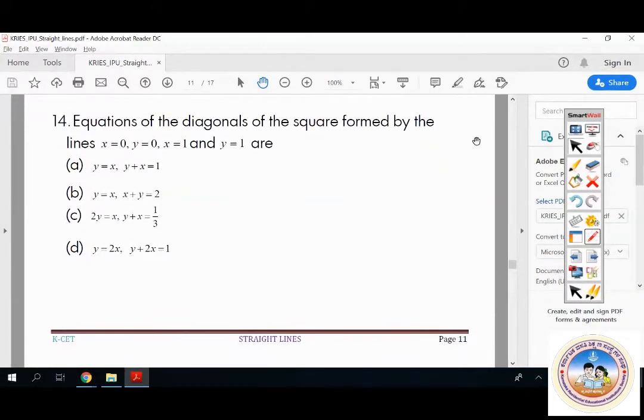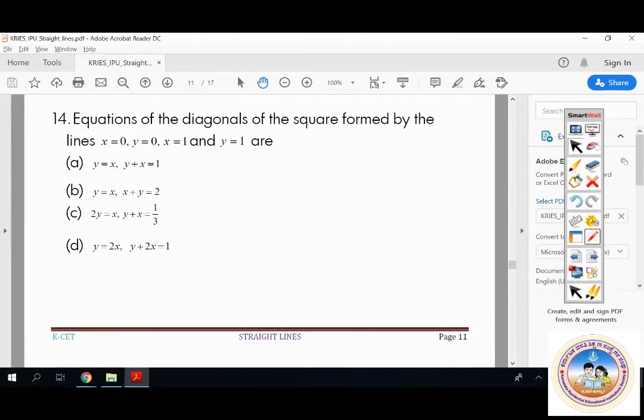14ನೇ ಪ್ರಶ್ನೆ. Equations of diagonals of the square formed by the lines. A very interesting question here.